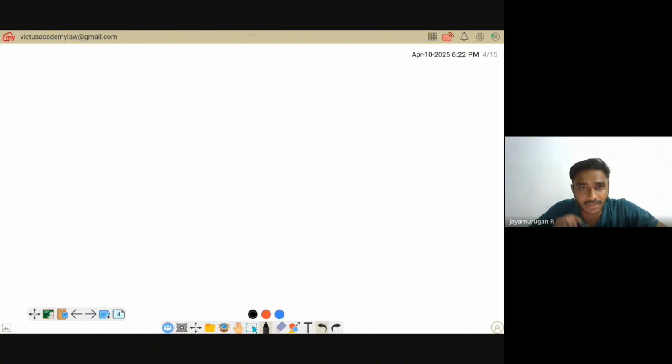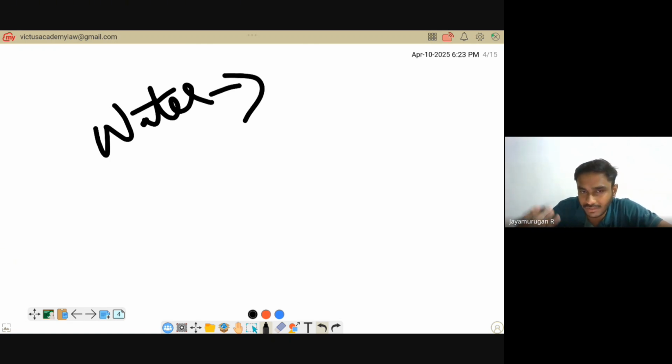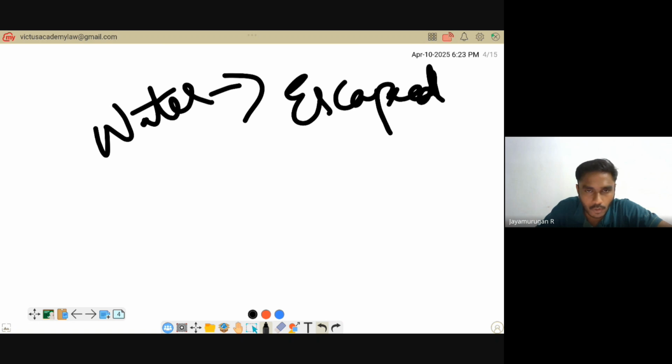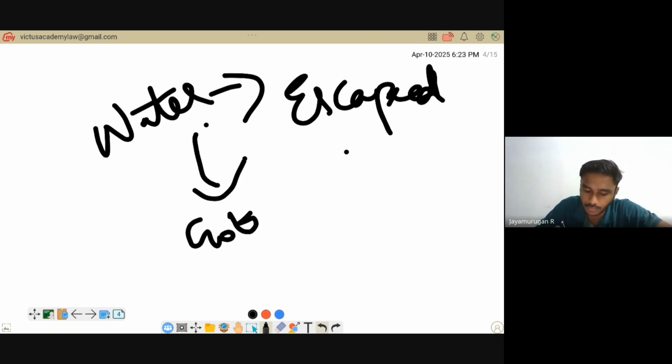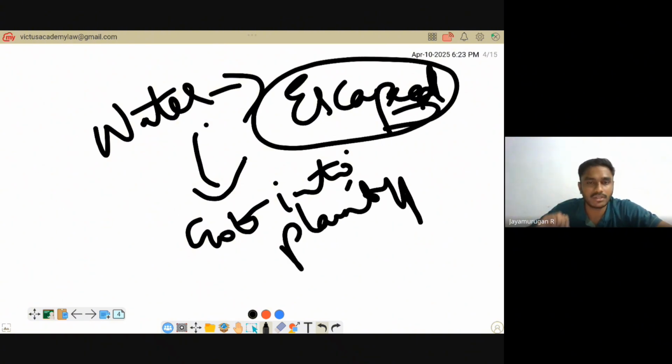It's the escape of the dangerous thing. What happens in the Rylands case? The water stored in the reservoir, which the court found risky, escaped. Yes, when the reservoir broke, the water got into the land of the plaintiff. So there is an escape of the dangerous thing.